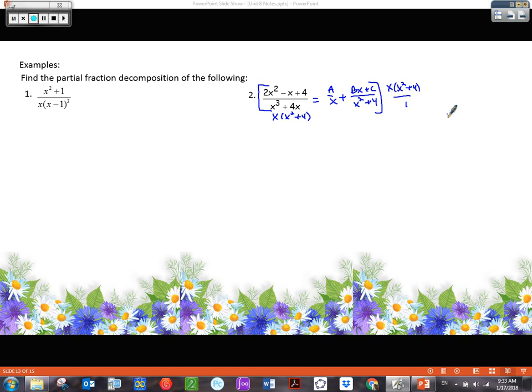So I multiply it by each of the fractions. I multiply it times the first fraction, and I'm left with 2x squared minus x plus 4, because the denominators wipe each other out. I multiply it times the next expression, see how the x's cancel each other out, and I'm just left with A times x squared plus 4.